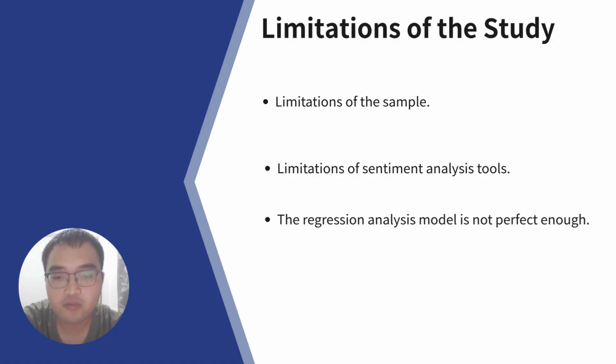Second, there are limitations associated with the sentiment analysis tools used. While Vader and TextBlob are useful for classifying emotional tone, they often struggle with detecting sarcasm and context-dependent phrases. As a result, some misclassifications may have occurred, potentially affecting the accuracy of the analysis.